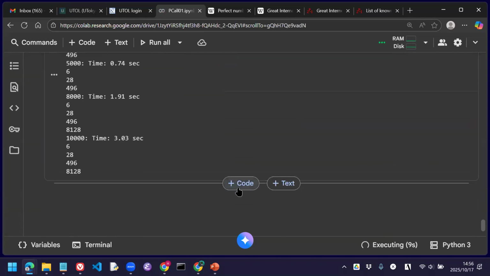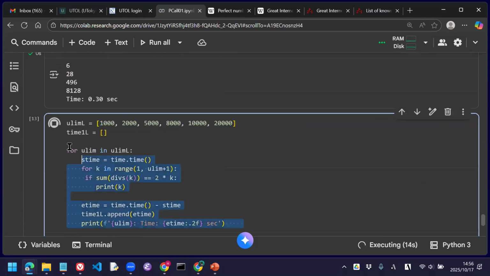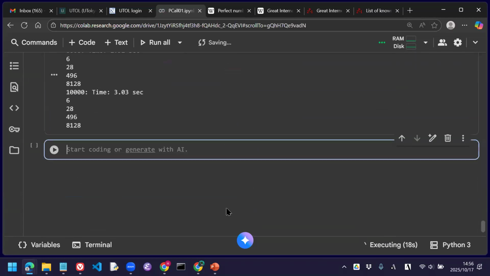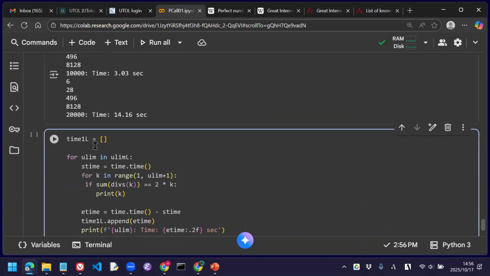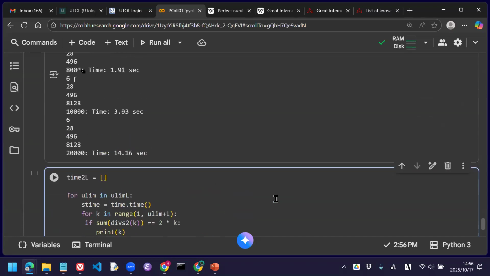In the meantime, we'll make another box to do nearly the same thing for the second algorithm. Copy here, and instead of using divs, we use divs2, and instead of putting it into time1, put it into time2.